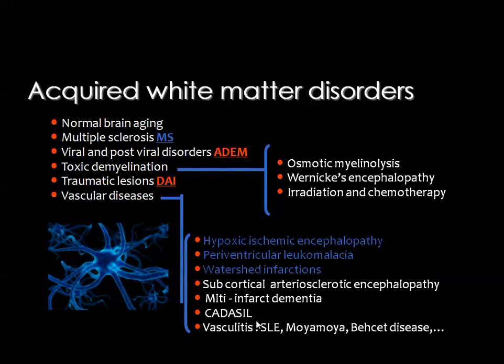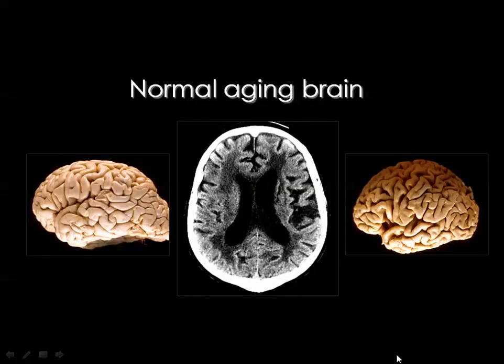And CADASIL is an entity of multi-infarct dementia. Then finally we'll end with some words about the effect of vasculitis on the white matter, including Moyamoya and some of the other lesions like systemic lupus erythematosus and Behçet disease.